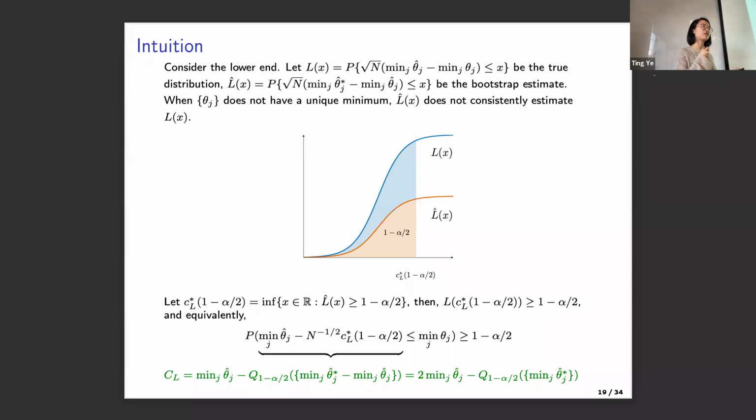But interestingly, there is a directional inconsistency. We can show that the bootstrap estimate L hat x will underestimate LX. So if we use the 1 minus alpha over 2 quantile based on this bootstrap estimate, which guarantees that the area under this orange curve is larger than 1 minus alpha over 2, then by this directional inconsistency, the area under LX is even larger than 1 minus alpha over 2. This justifies the validity of our bootstrap procedure.